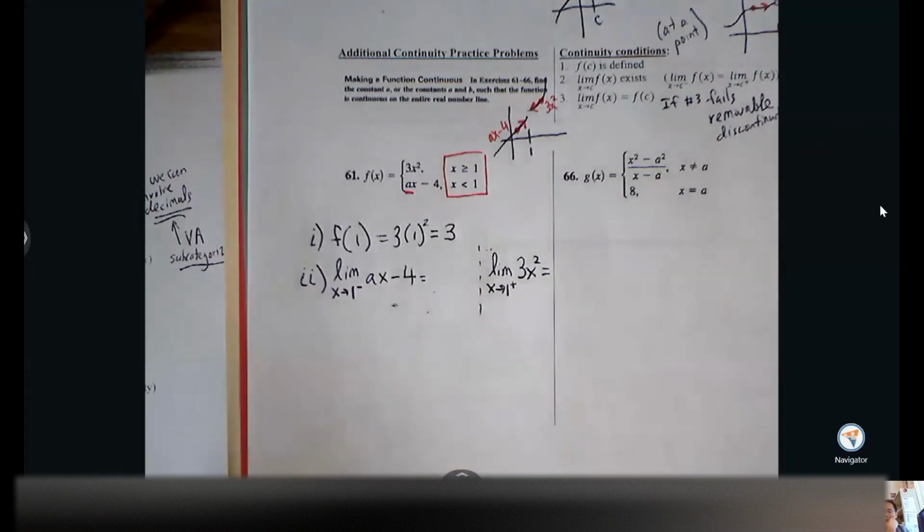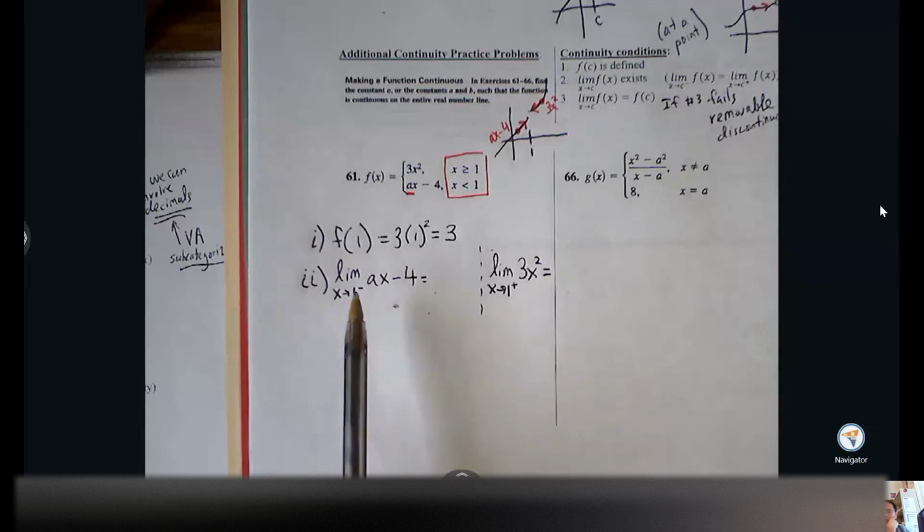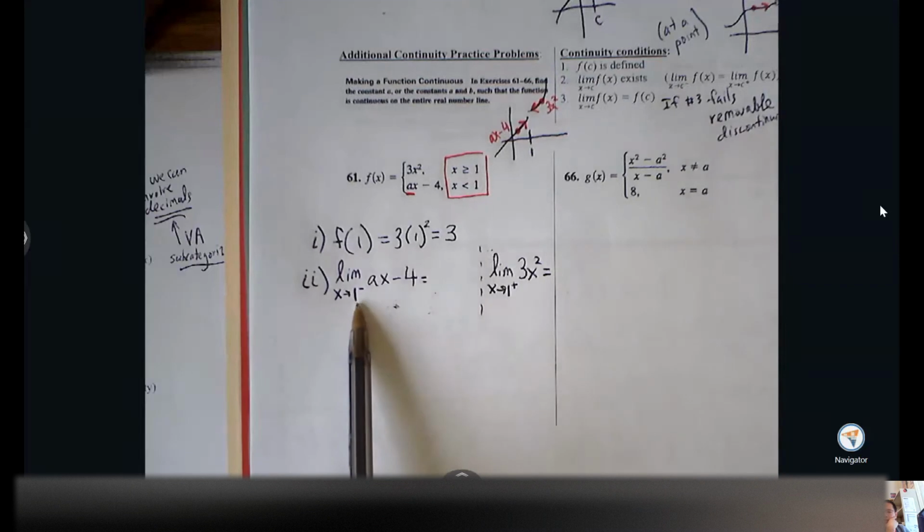What's the first thing that we always do for any algebraic limit if we're approaching a real number? We plug it in. Okay, just the whole number. I know we see the one-sided limit. Maybe you're thinking, wait, what if I do 0.9 or 0.99 or 0.95? Can I not do that?